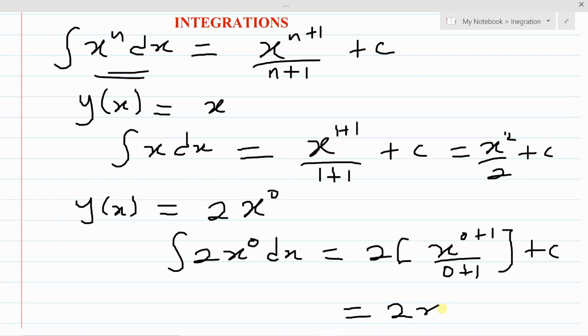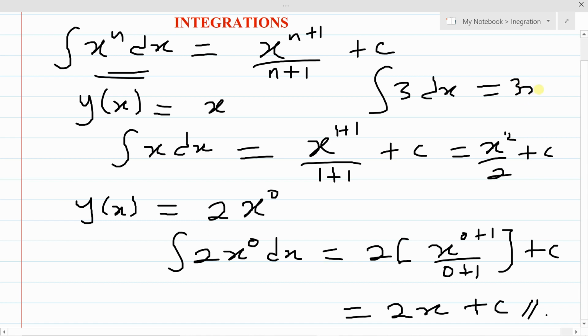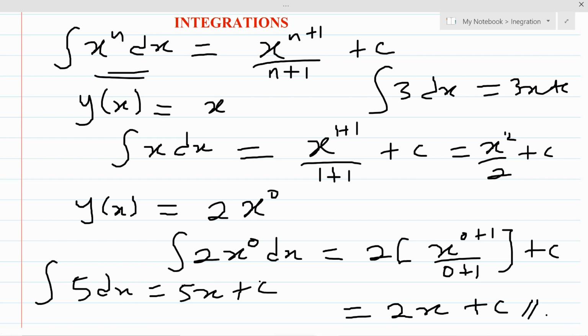So it becomes 2x plus c. So this is the outcome. Anytime you integrate a constant, you get the constant times x plus c. So quickly, the integral of 3 dx is equal to 3x plus c. Hope you can see that. The integral of 5 dx is equal to 5x plus c. The integral of 1000 dx is the same as 1000x plus c.